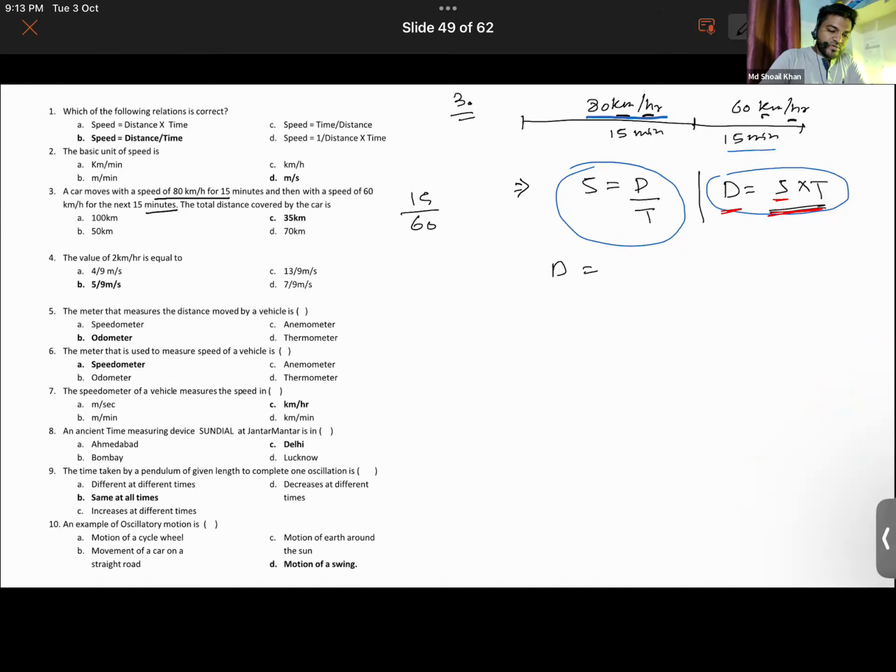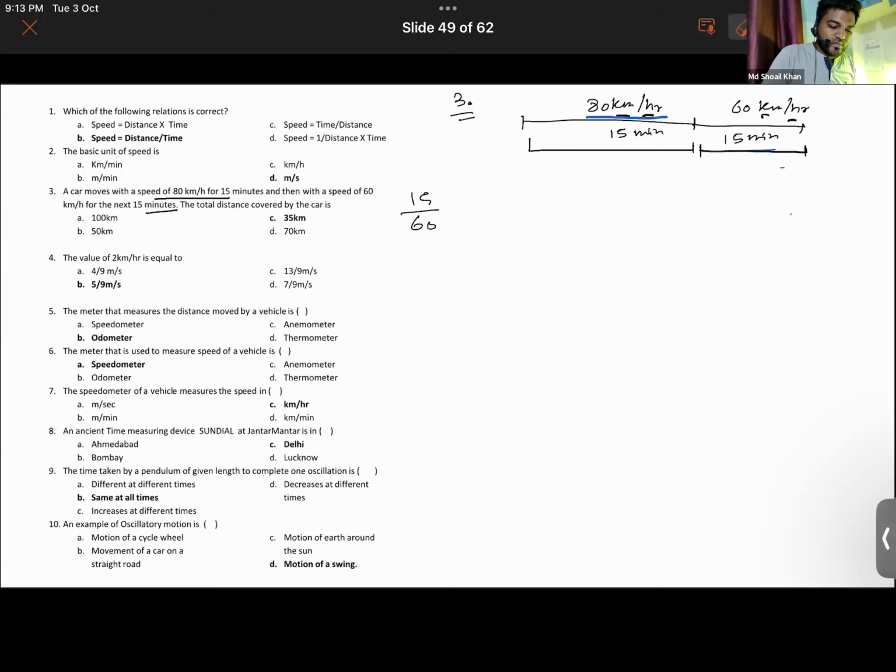What if we calculate the distance covered by the vehicle in this portion and then again in this portion? Are you getting what I'm trying to say? First, find how much distance this is and how much distance this is. Let's assume them to be d1 and d2.